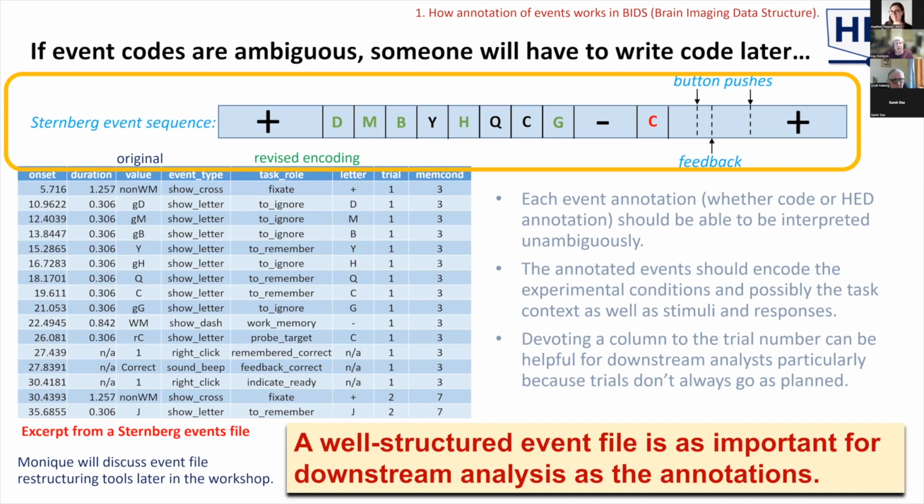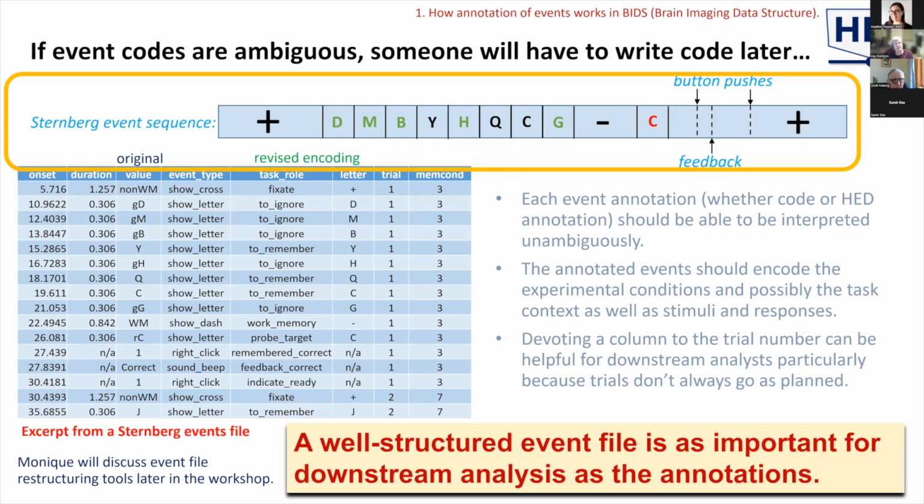If the probe letter was one of the black letters, then they're supposed to press the right button. But if the probe letter is not a black letter, then they're supposed to press the left button. So a right click means it was there, I remember it. The left click means it was not there.